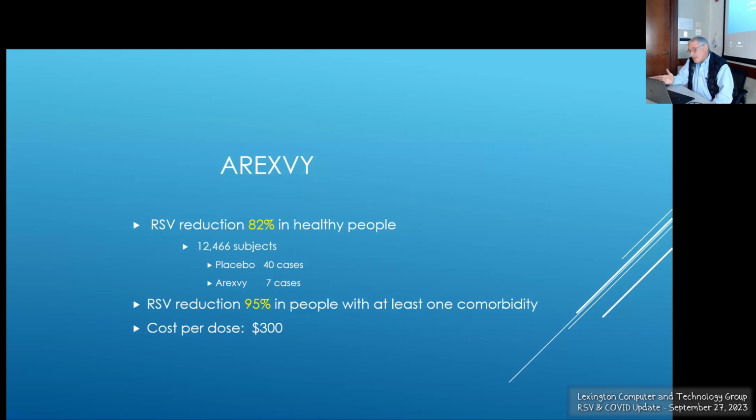They divided them into two groups, and the placebo group had 40 cases, and the RSV vaccine group had 7 cases. Statistically, absolutely significant. And they looked at people with at least one comorbidity, and there was a 95% reduction. So that's pretty good. But if you're sitting at the office at GSK, they have a charge of $300 per dose. That's looking at some serious coin when there are 50 million people.